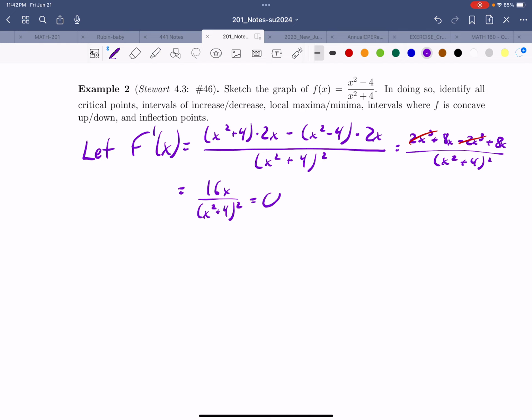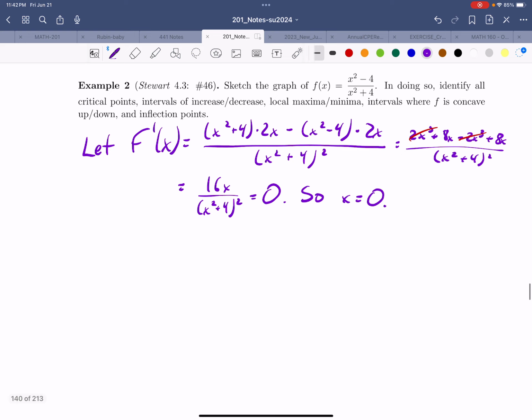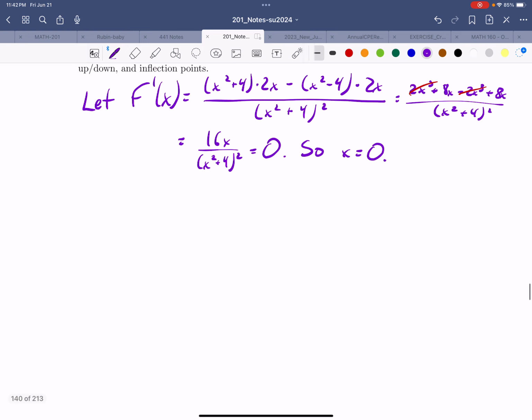Let that equal 0. Well, I think it's pretty clear, number one, that f prime of x always exists, because the bottom is always positive, and that f prime equals 0 at 0. Okay, good. Now, instead of drawing the interval chart at this point, I'm going to just go right into the second derivative and then do the interval chart where it's f prime and f double prime.